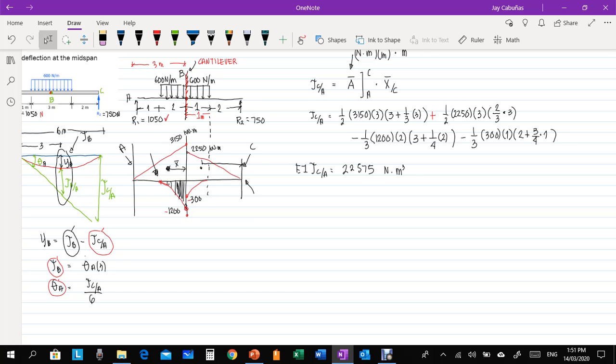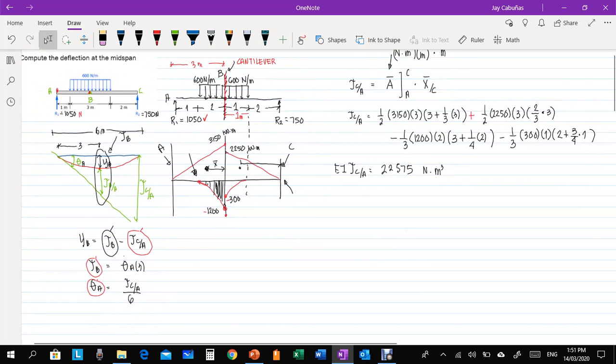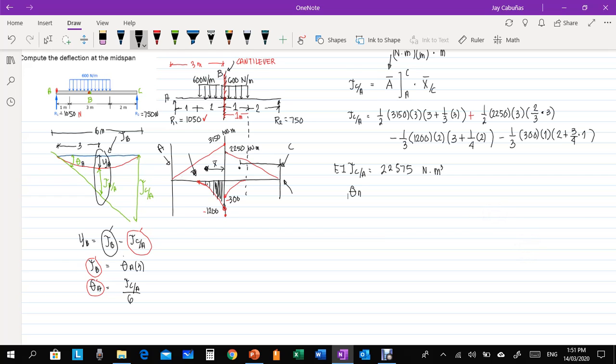So next, our goal here is to compute for theta. So we can compute theta, right? So theta A is equal to TCA, or the deviation of C relative to A, divided by 12. Divided by 6, sorry.